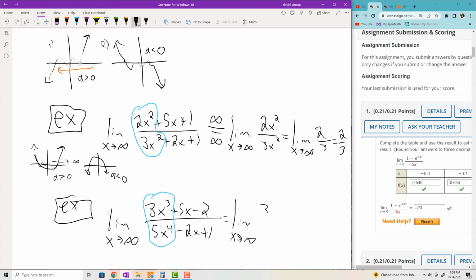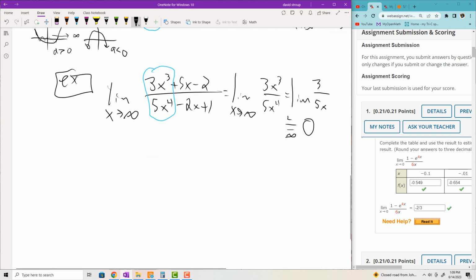Right, so this would be 3x cubed over 5x to the 4th, which would be the limit of 3, well, the x cubed will cancel with the x to the 4th, leaving one factor of x in the denominator. And then this is a constant over infinity, which will go to 0.